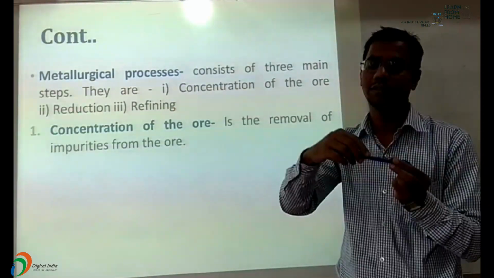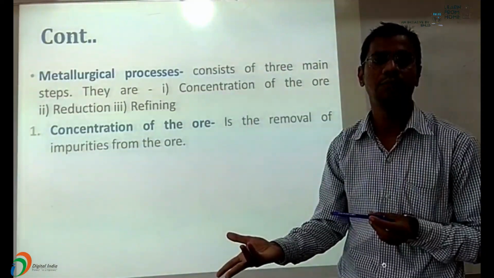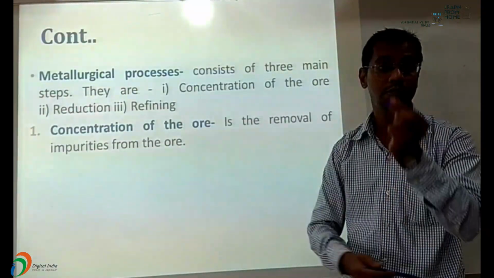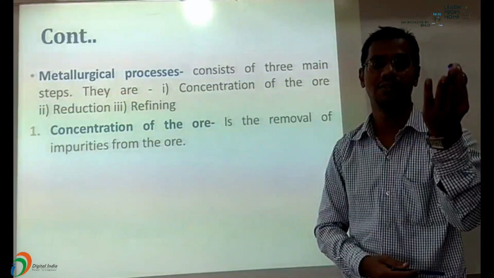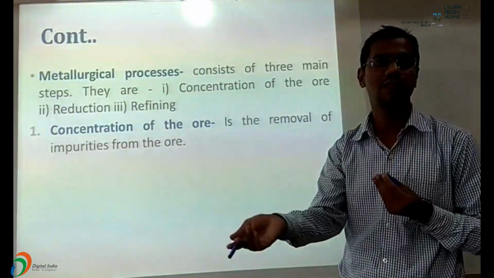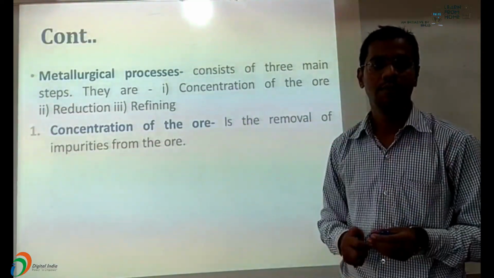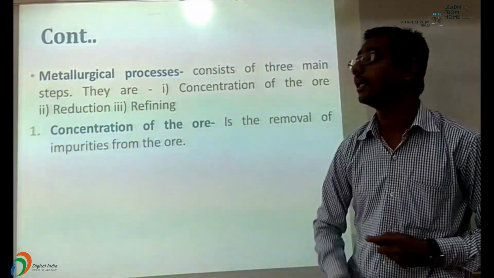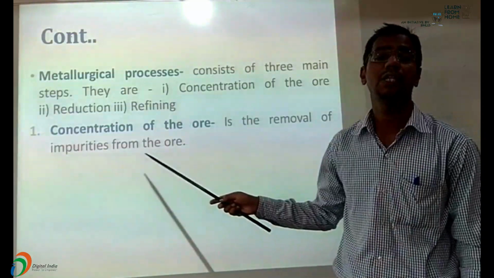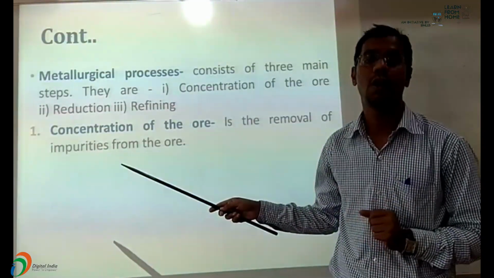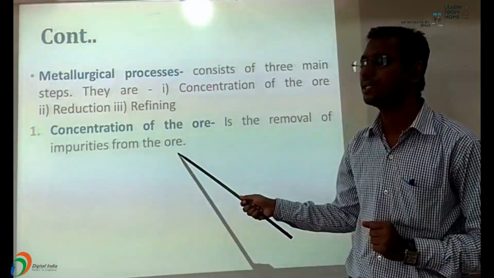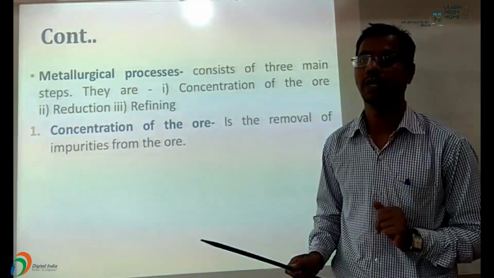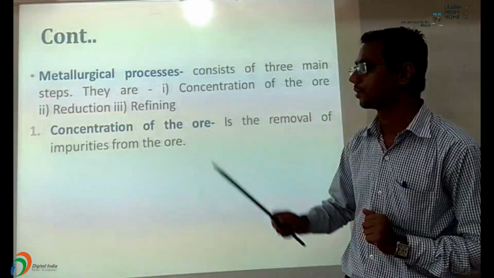When I remove this impurity, its concentration is increased, because we are decreasing this one, which means increasing this one. So concentration of the ore means increasing the percentage of metal, or removing impurities from the ore. Understood or not? This is the first step, concentration of the ore.